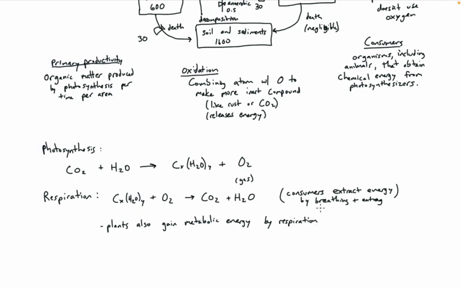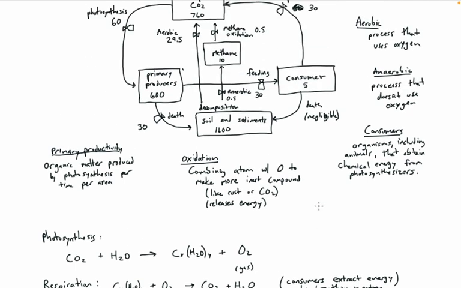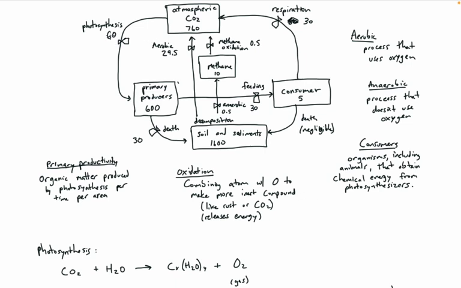So when we put this number on here of 60 gigatons per year, actually it's a little bit more than that, but the primary producers use some of that and then generate some of their own CO2, but it balances out as around 60. So the cells in the plants need to do the same things that the cells in our bodies do in terms of generating energy, and they use that carbohydrate that they've just made to do that.